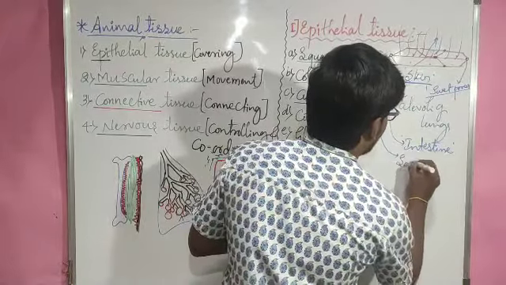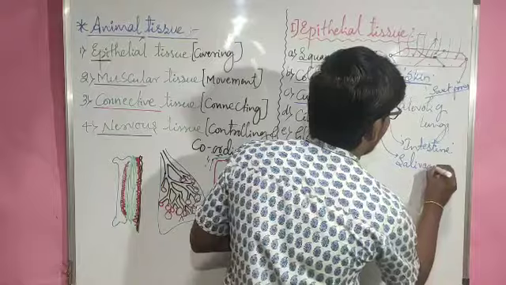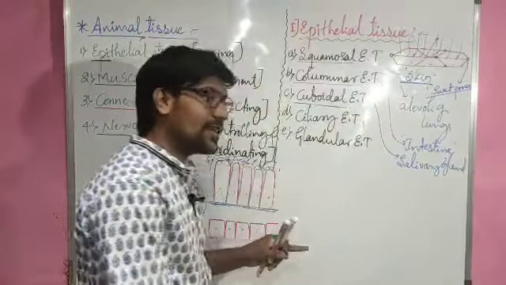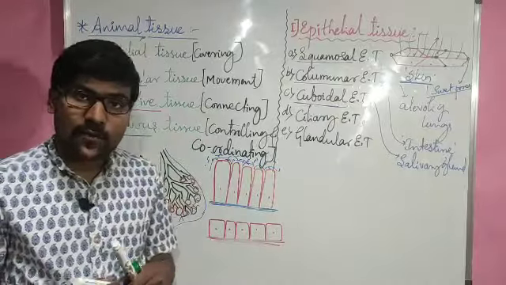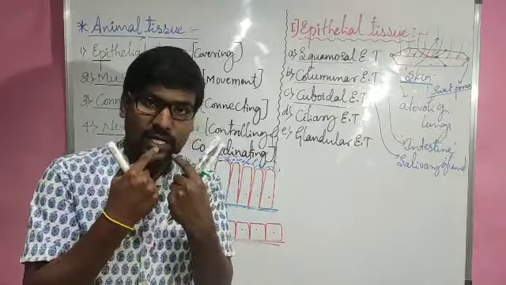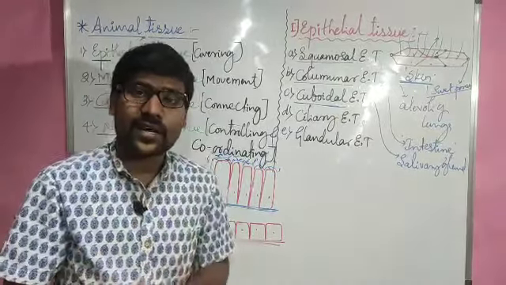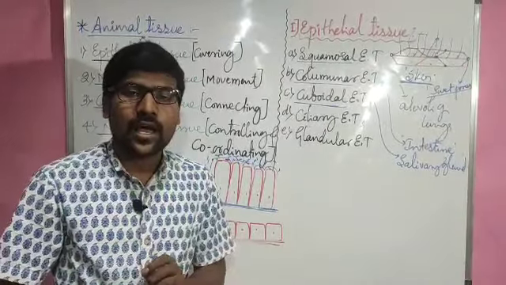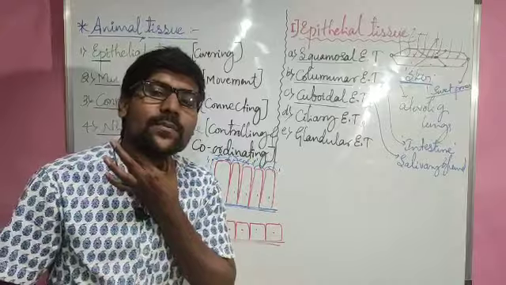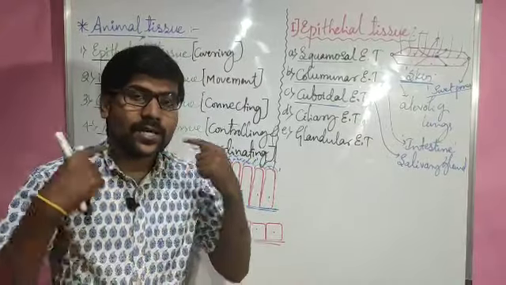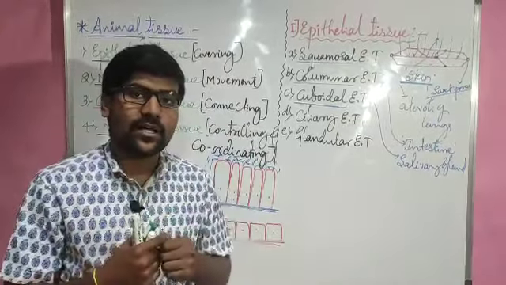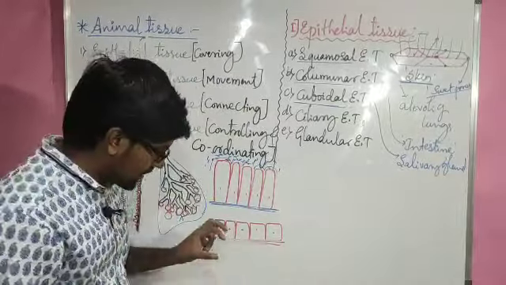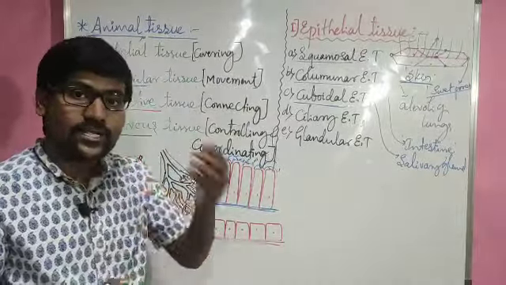For example, the salivary gland. Where is that salivary gland present? Our buccal cavity has saliva. Saliva gets released by some glands, some special organs. Some of the glands will be present here, and some will be present on the inner side here, and those salivary glands have cuboidal epithelial tissue, this kind of covering cells.